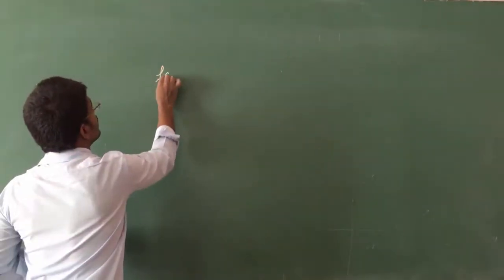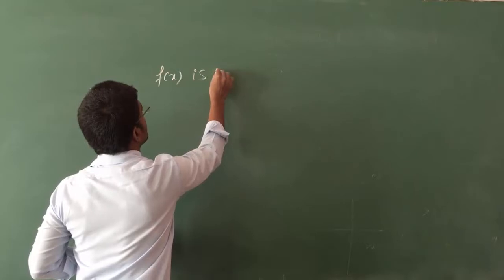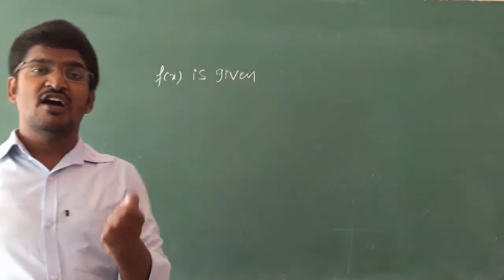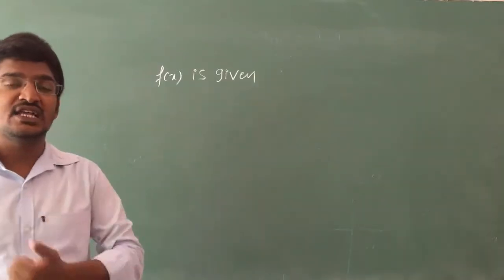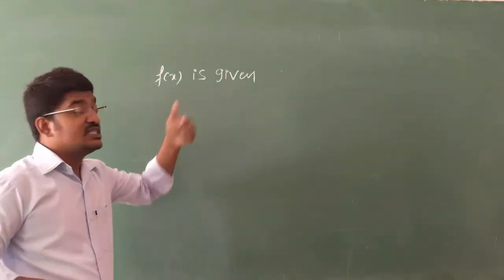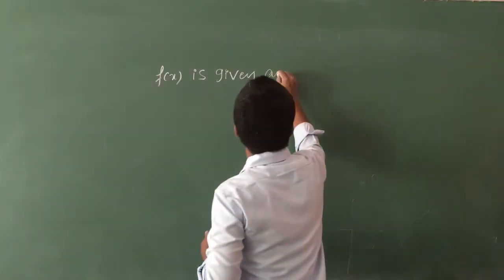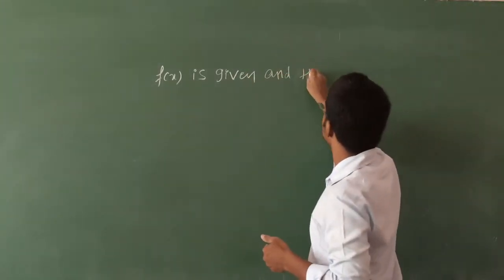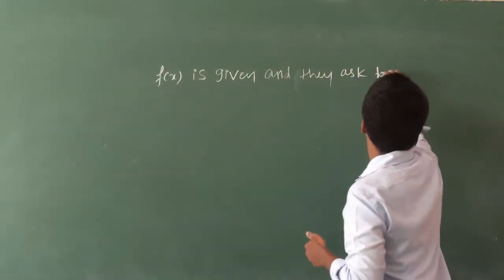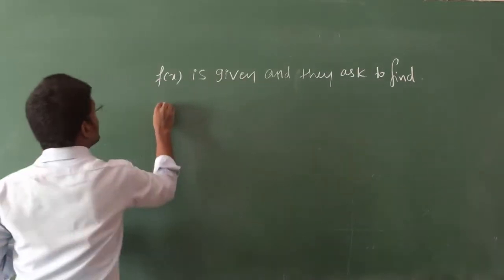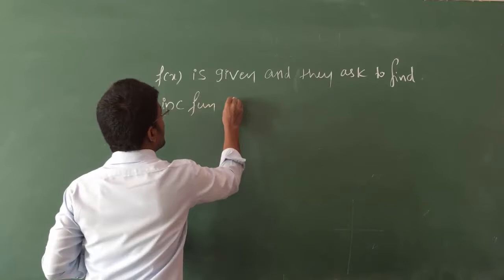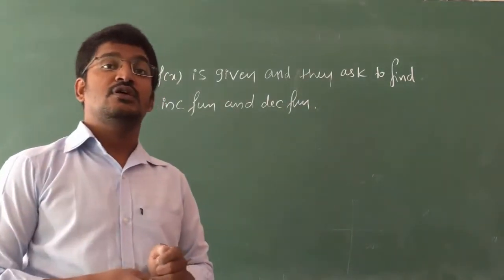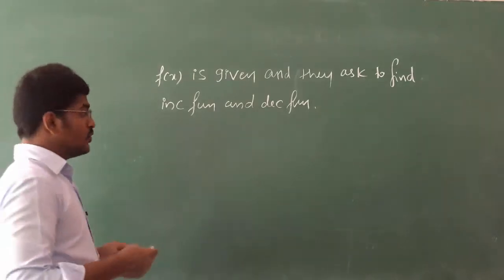if the function f of x is given and they ask to find the increasing function and decreasing function, if they ask like this, what do we have to do?